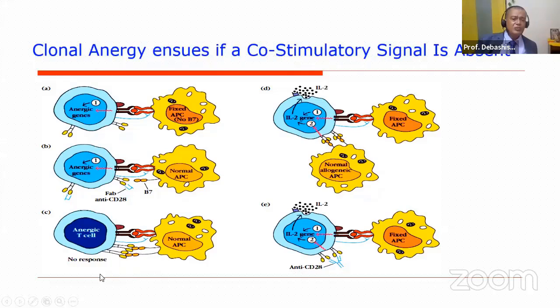Similarly, if there is no response between CD28 and B7 by some other mechanisms, or by giving molecules like abatacept, CTLA4, which can also block and cause no response.